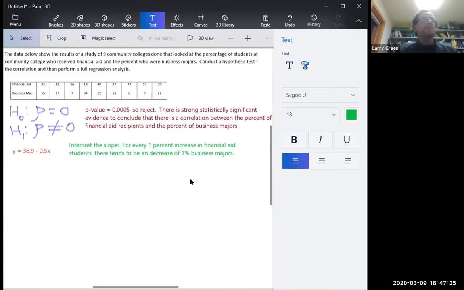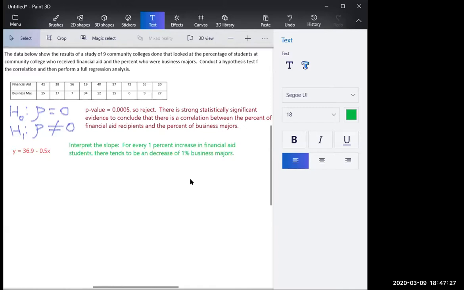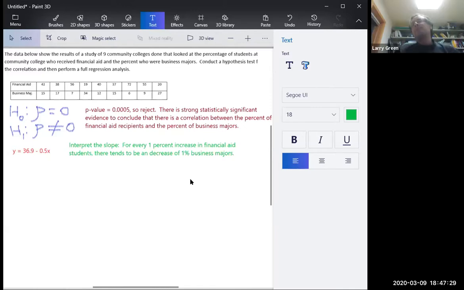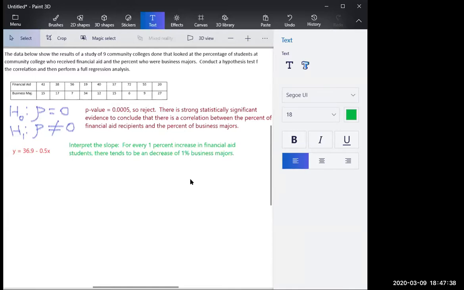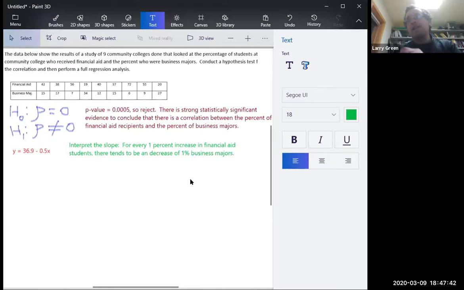You can't say that giving more financial aid is going to drop the business majors, because that is causative. Instead, what you can say is that colleges that have more financial aid tend to have fewer business majors.